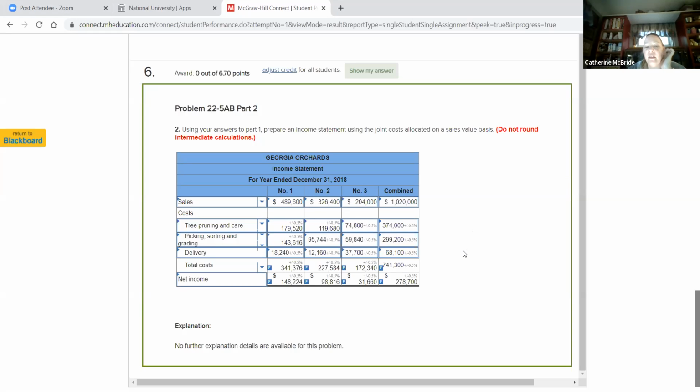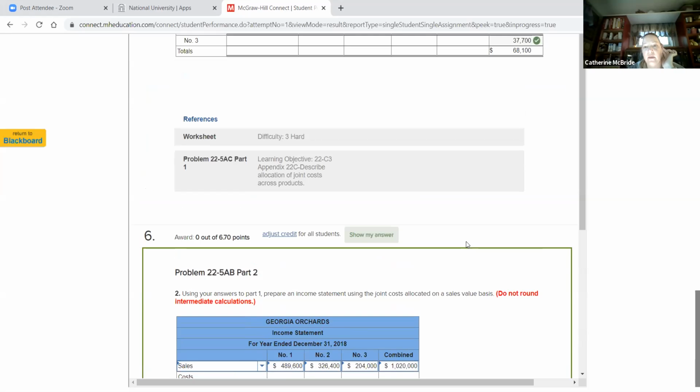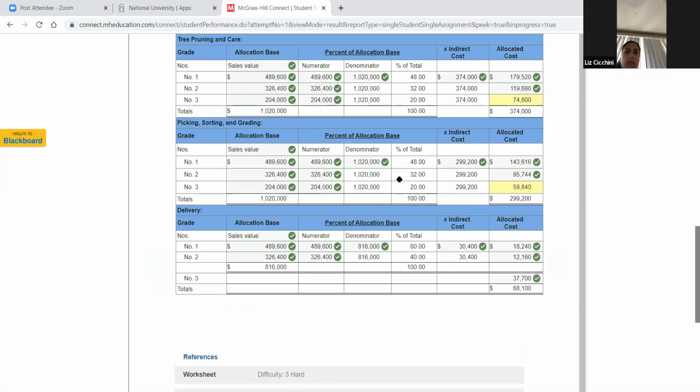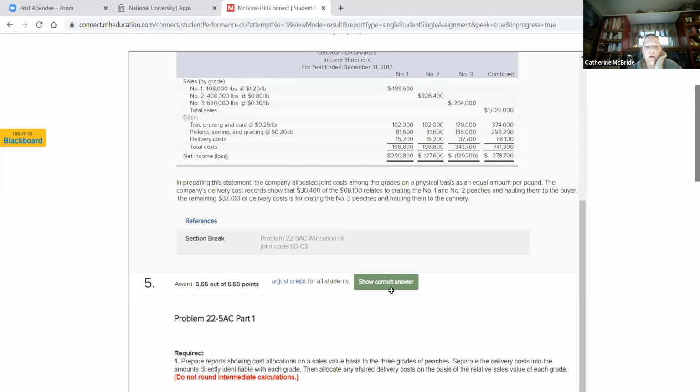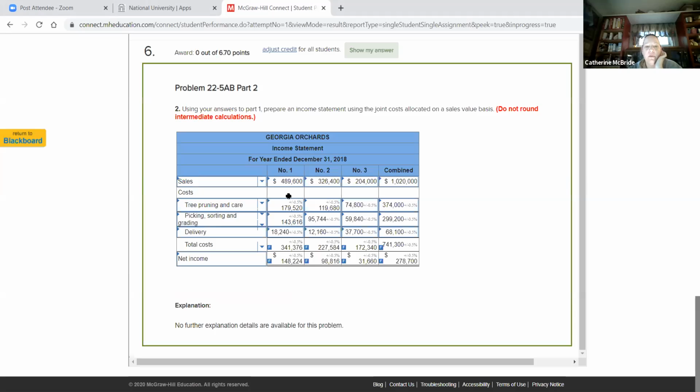This is a pain. 489,600 sales. 489,600, 326, and 204. So those go here. And then we're going to go back up there and look at the pruning, the picking, and the delivery costs. This actually isn't bad.